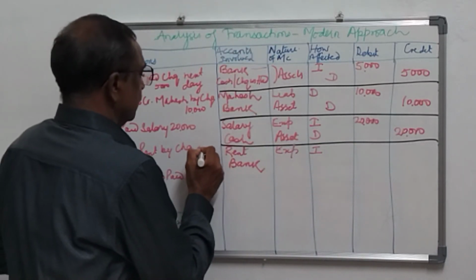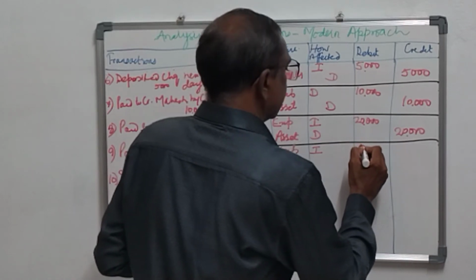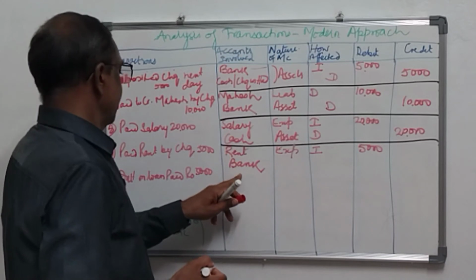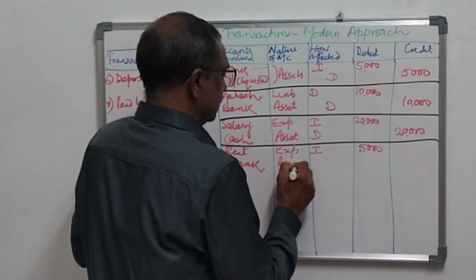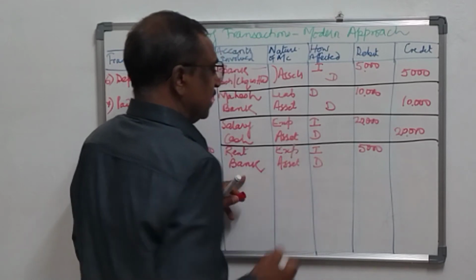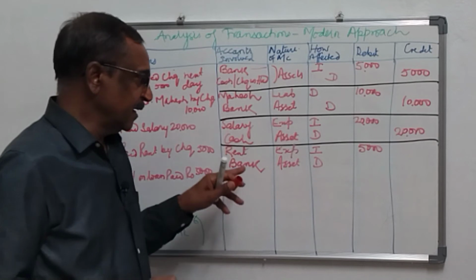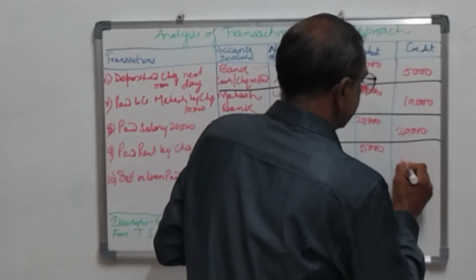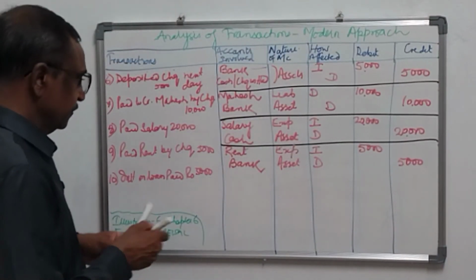Let us assume it is 5,000. So 5,000 will come here and bank is your asset and asset is decreasing because when the check clears, your balance will get reduced by 5,000. So decrease in asset is credited. Okay?